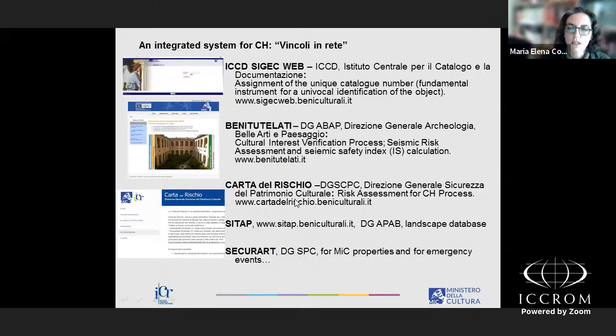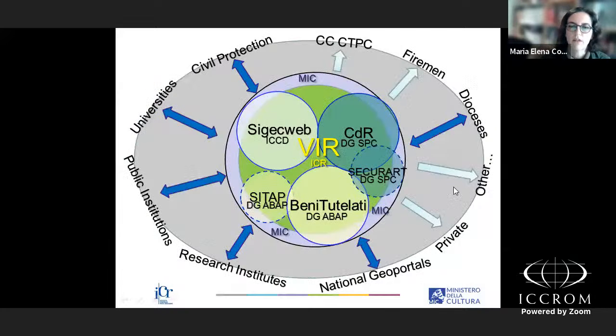And then there is Risk Map, which gives the system risk assessment for cultural heritage. And then there are others like CTAP for the landscape protection and SecuRART, which is in progress and maybe will be unified with Risk Map for MIC properties and emergency events.